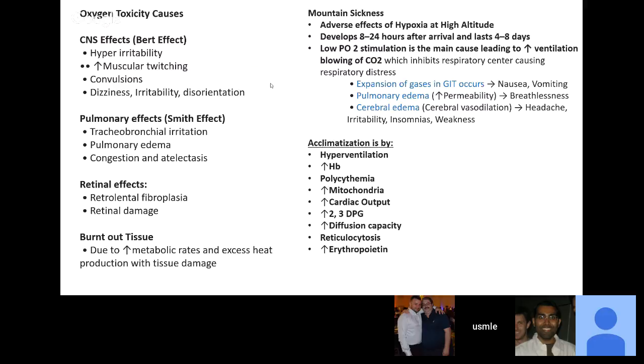The other issue that can happen with it is going to be the retrolental fibroplasia, which you're going to have a shrinking of the retina, and so all the eye is going to be destroyed. Remember, oxygen can burn as well, so burn out of the tissue, because when you give a lot of oxygen, what's going to happen? Your metabolism is going to go sky high.